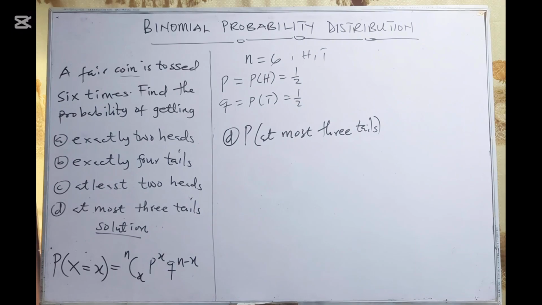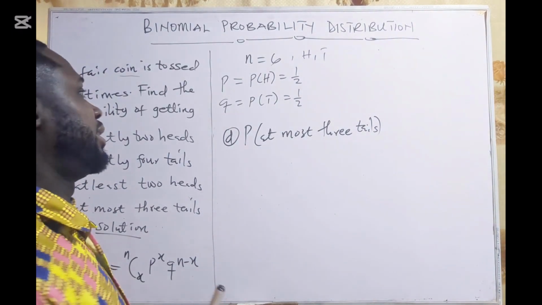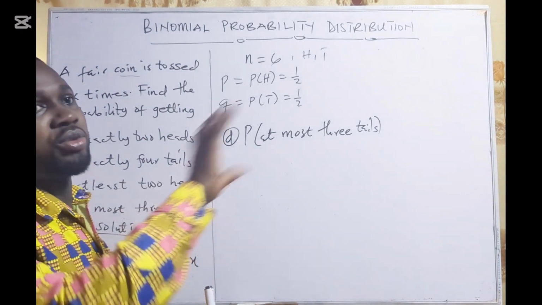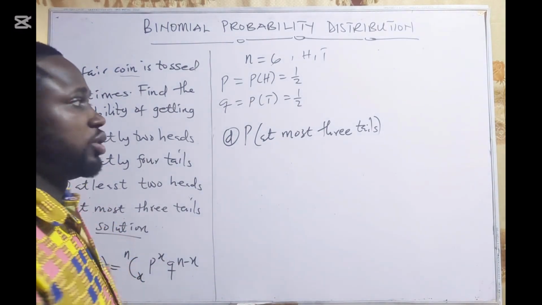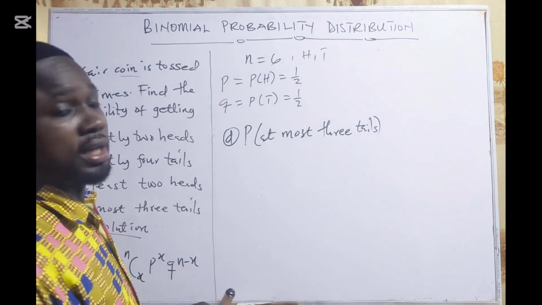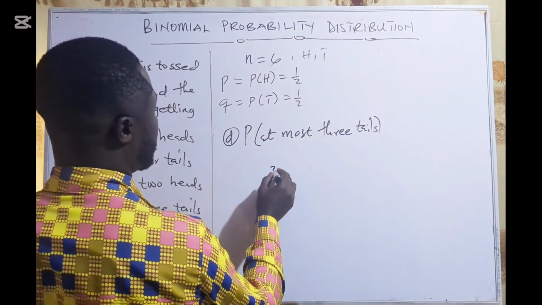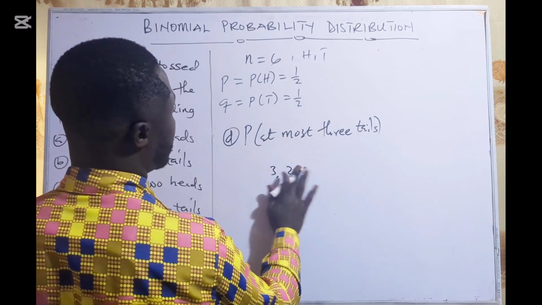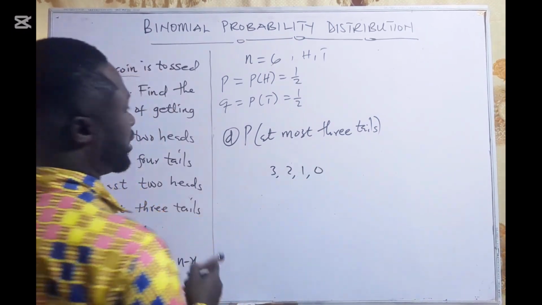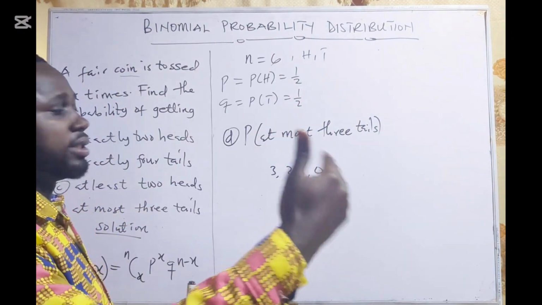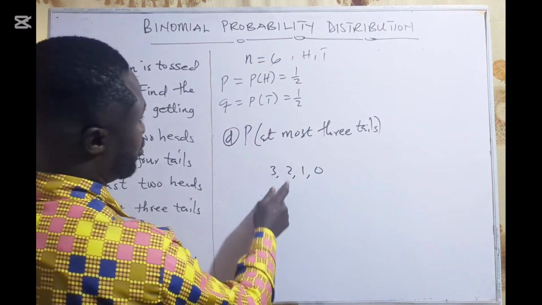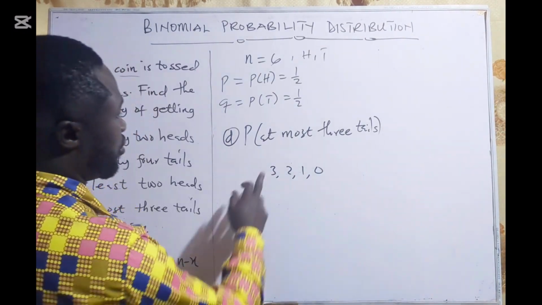When you say at most 3 tails, it means that when you look at our possible outcomes, the highest should be what? 3 tails. So at most 3 means that 3 or less. So it can be 3 tails, 2, 1 tail, or none. So it can be 3, can be 2, can be 1, can be 0. So 1, 2, 3, 4.